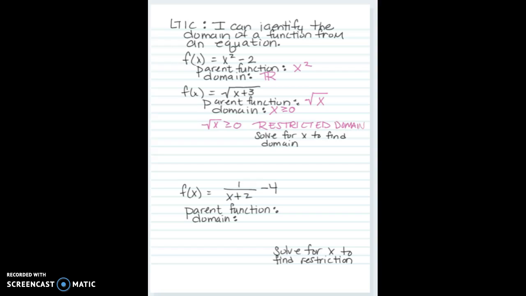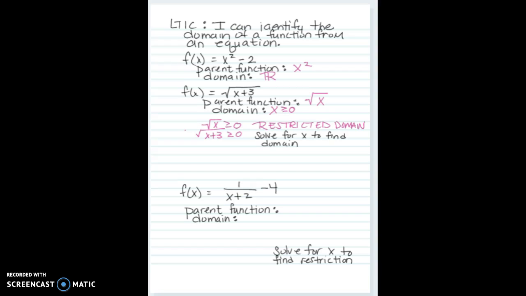It is very important. So what we're going to do is take the function that we're actually given, the square root of x plus 3, set that greater than or equal to 0, and solve for x to find our domain.